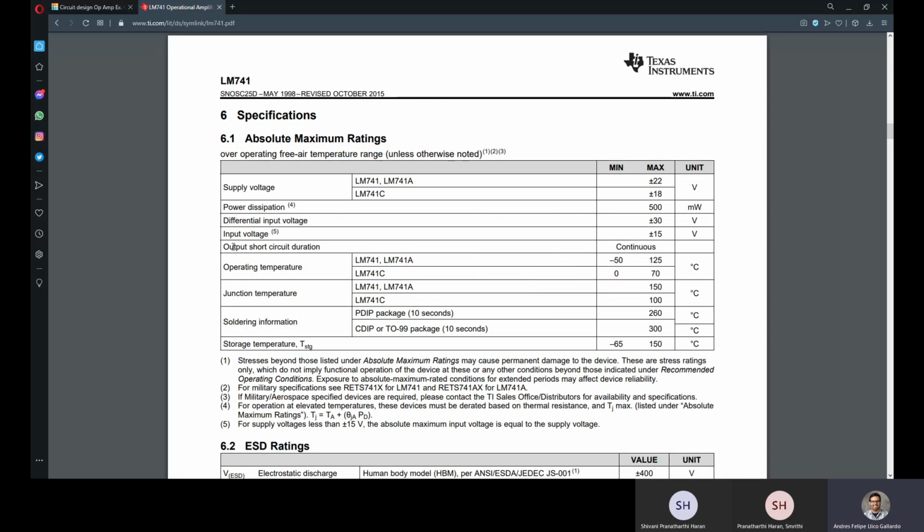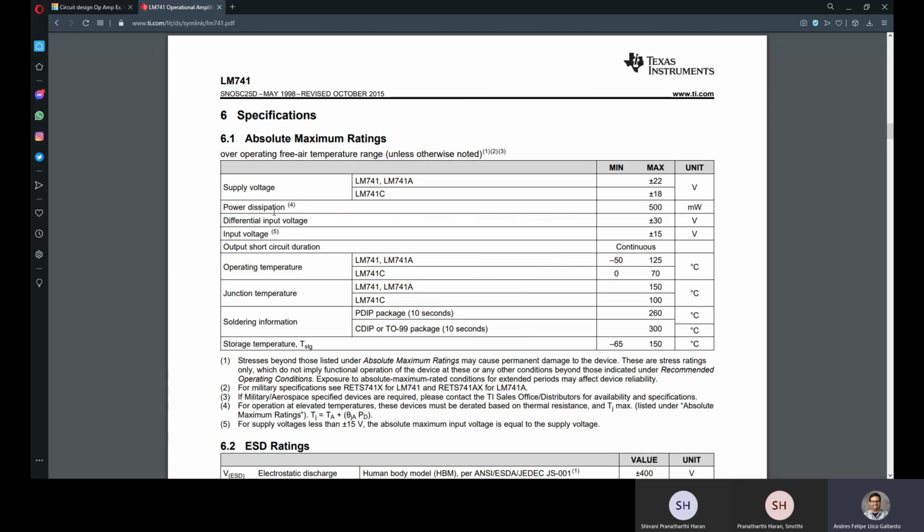There is no output voltage limitation because the output is limited by the supply. So that's going to tell you, okay, I can put a signal of up to 15 volts, and the output, depending on my power supply, can be up to 22. So if you need an application with higher voltage than that, this might not be a good amplifier for that, and you might need to look into something different.